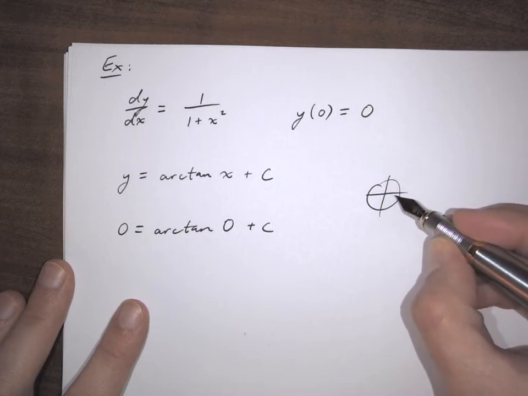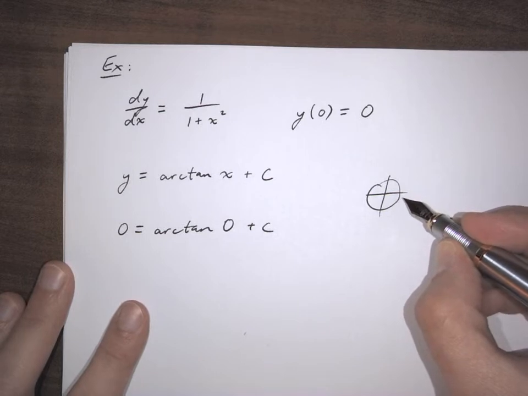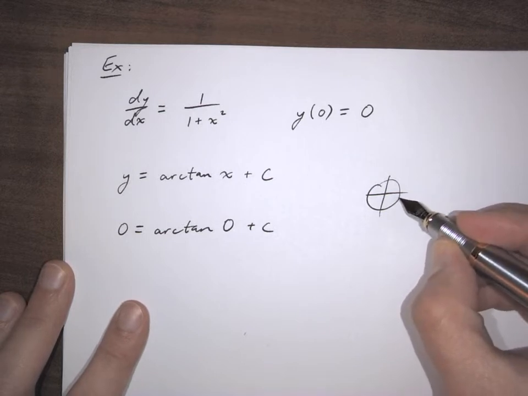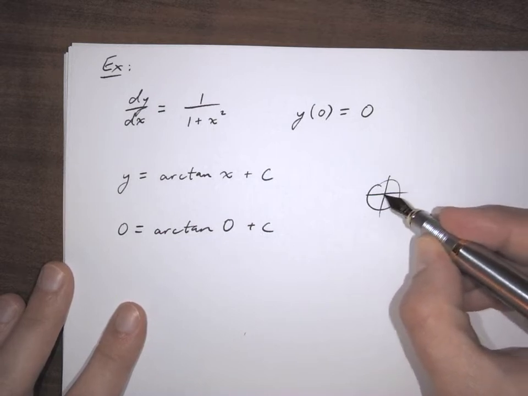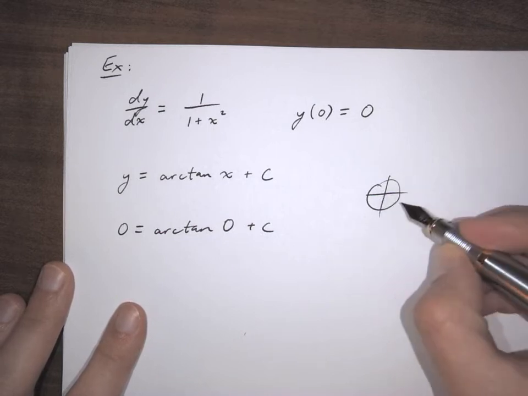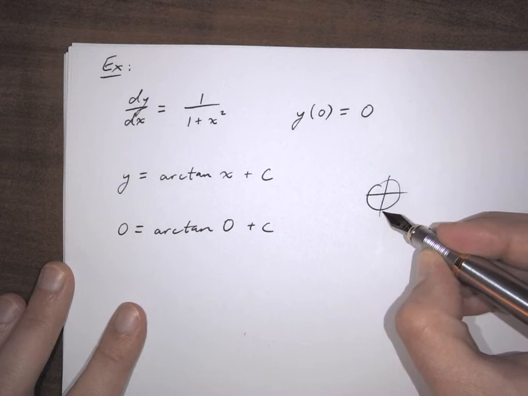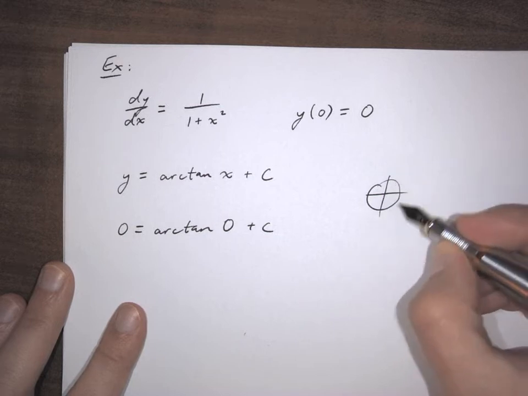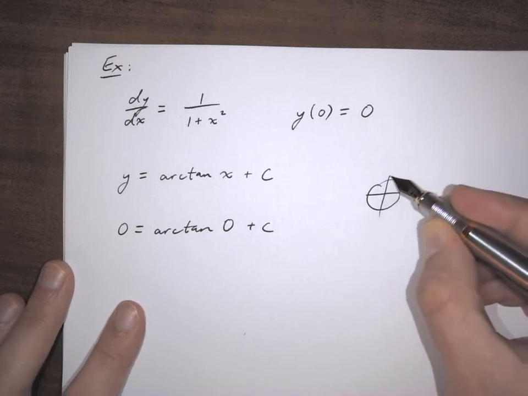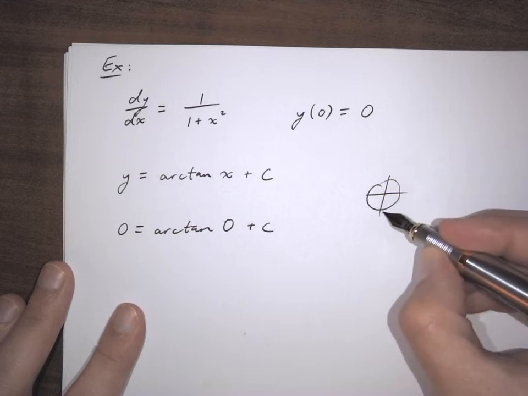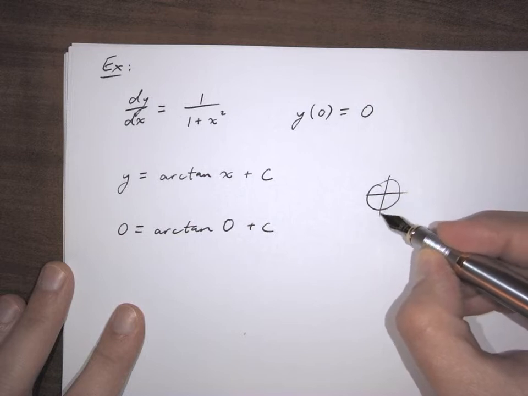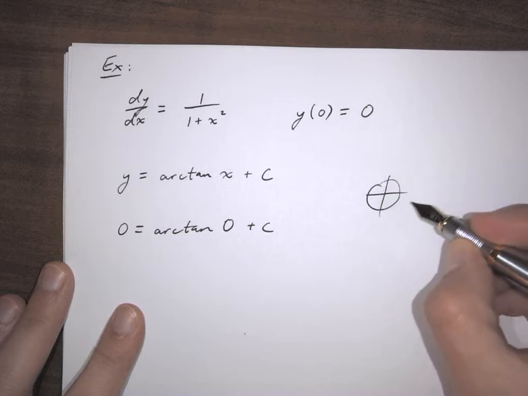You give it the tangent, it gives you the angle in radians. And here, the tangent we can think of on a unit circle as meaning the slope of the ray. Now, arctangent always gives its answers on the right side of the unit circle, everything from negative pi over 2 to positive pi over 2. And we are looking for the angle whose slope is 0 on the range negative pi over 2 to positive pi over 2.